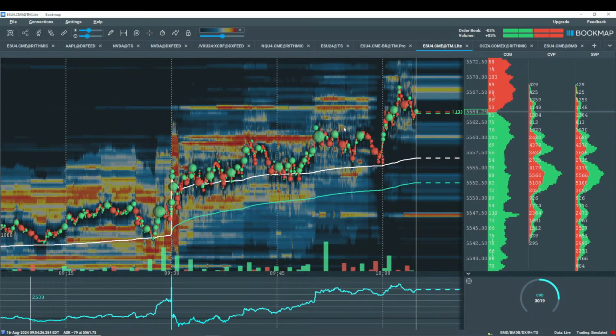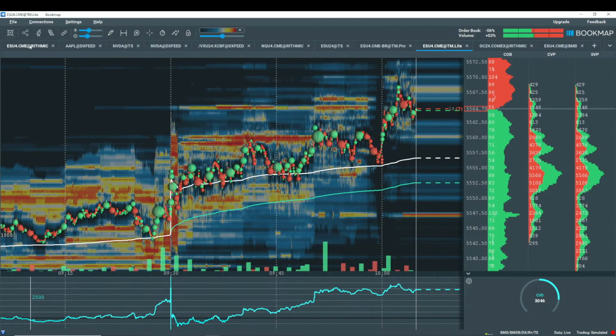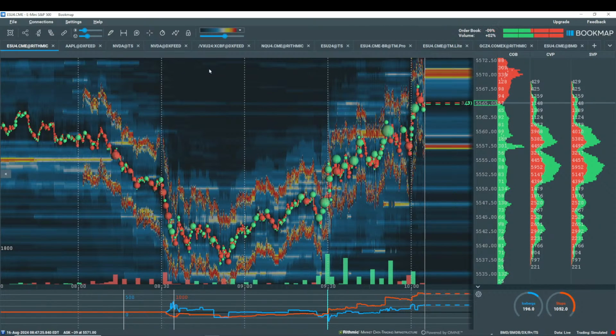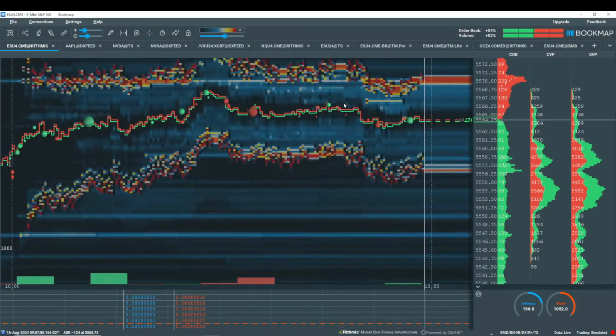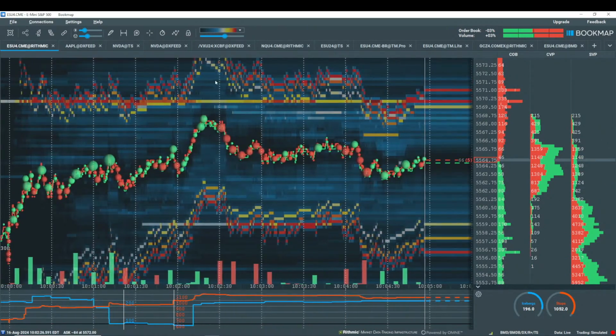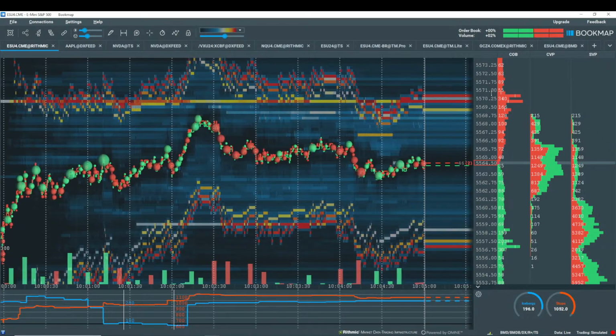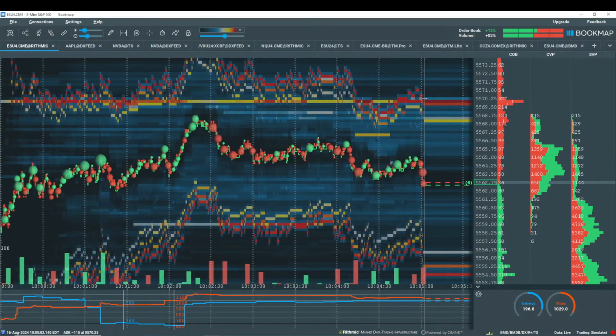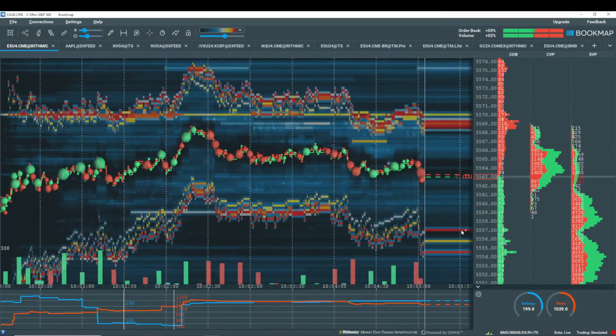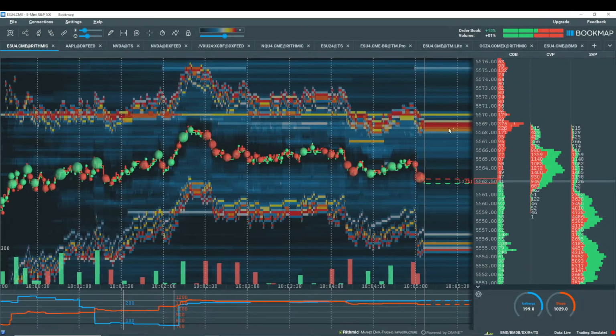So for those of you over on YouTube, and maybe you're seeing this for the first time, let me describe exactly what's going on in here. Look at this algo band in here. This is an algo that has very high liquidity, about 6 points away from the market right now, on the bid down here and on the offer up here.